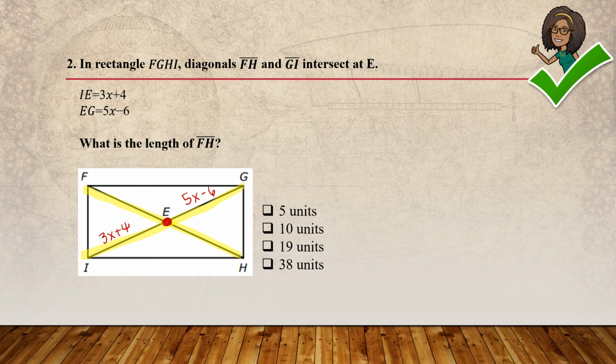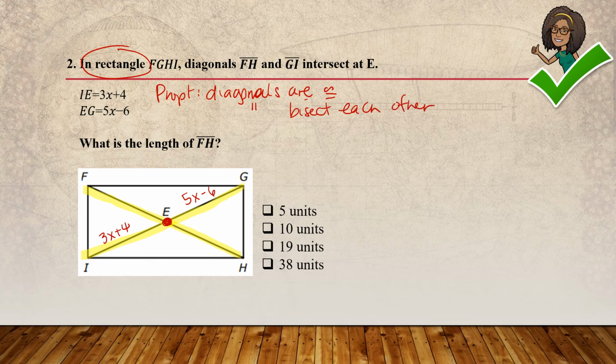So recall the properties of a rectangle and its diagonals. We know that the property states for a rectangle that diagonals are congruent. That means they're equal. Not only are diagonals congruent, diagonals bisect each other as well, because remember, it is also a parallelogram.